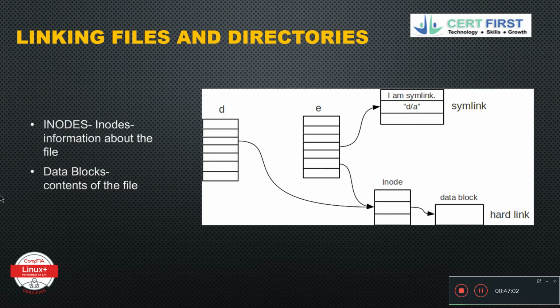A hard link is a file or directory that has one index node or inode, but at least two different full names. Having a single inode number means that it's a single data file on the file system. Having two or more names means that the file can be accessed in multiple ways.